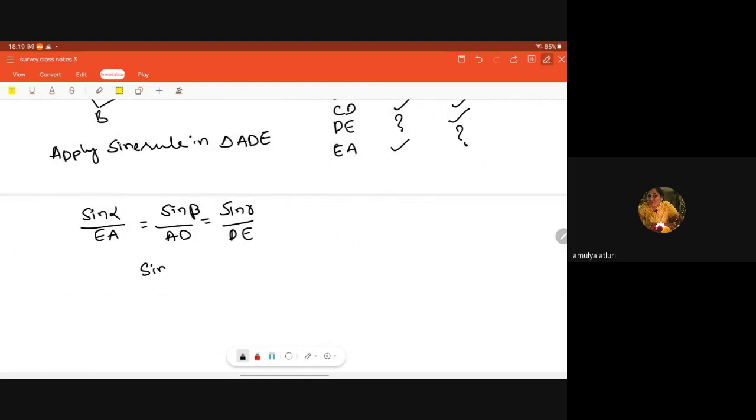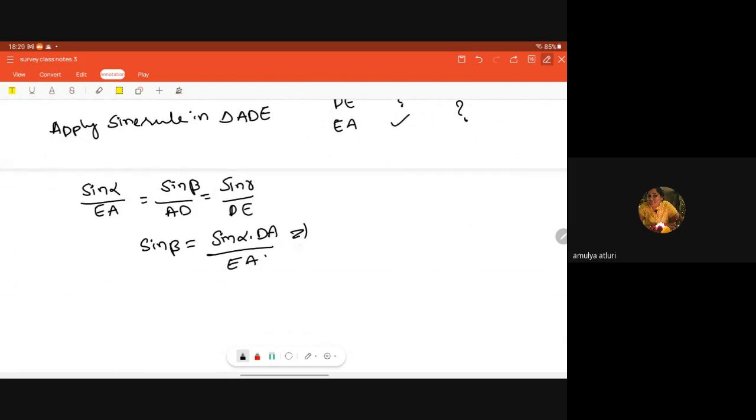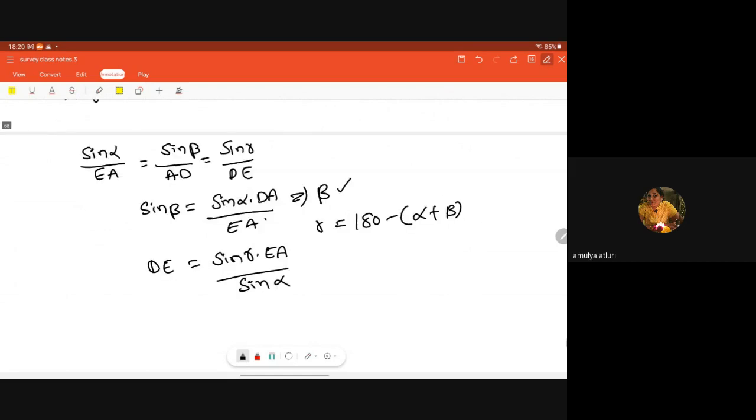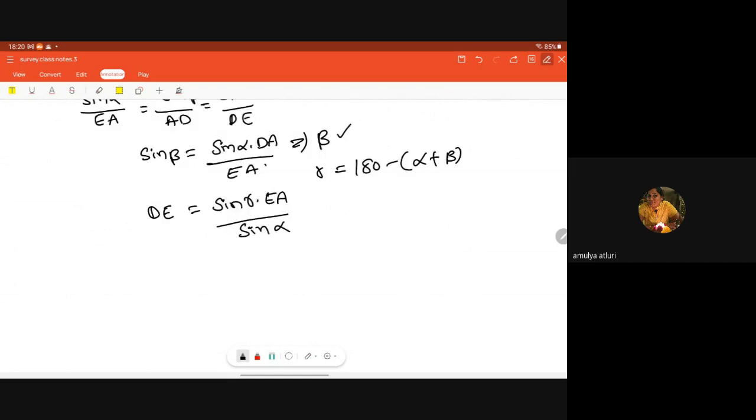So sine beta is sine alpha into AD by EA. From this, beta is obtained and gamma is nothing but 180 minus of alpha plus beta. Okay. And how do we calculate the length of the side? DE is equal to sine gamma into EA by sine alpha from the sine rule. Got it? So like this, we will calculate the values.